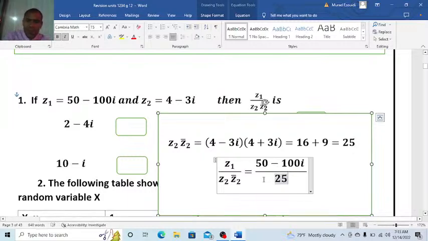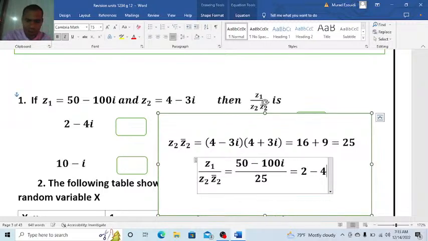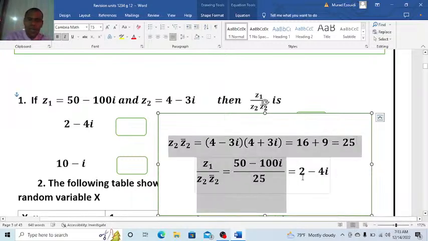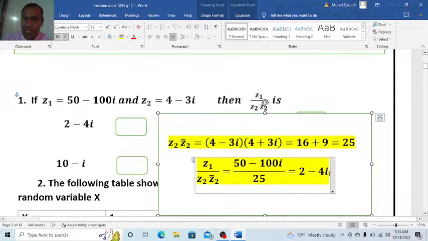Therefore, 50 divided by 25 is 2, and 100 divided by 25 is 4. Don't forget the imaginary part. So this is equal to 2 minus 4i. This is the correct answer. It's easy, we just need to be familiar with the product of a complex number and its conjugate.